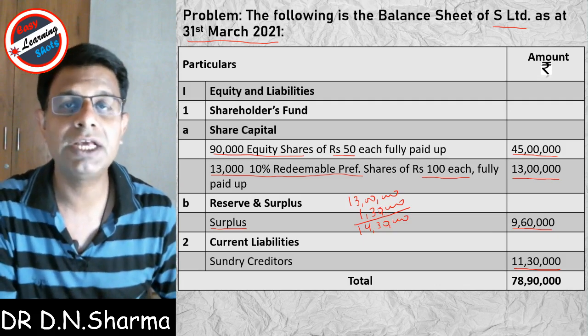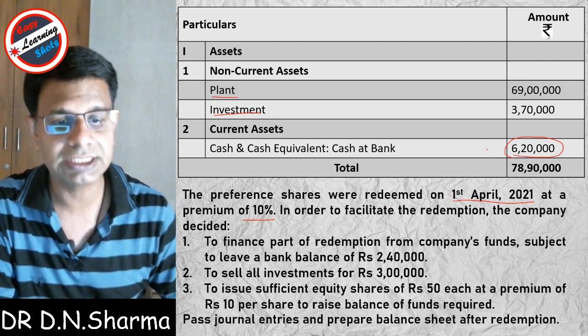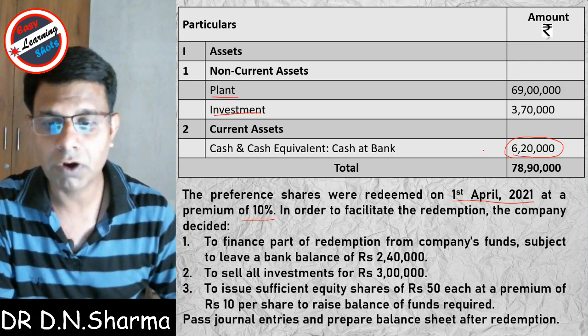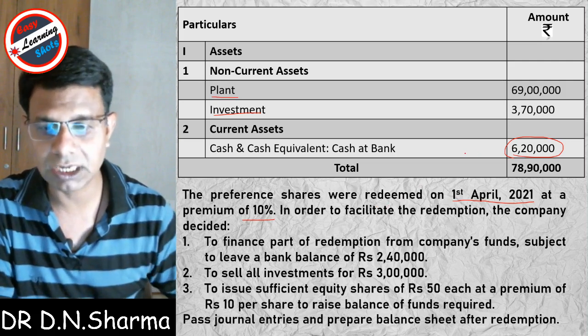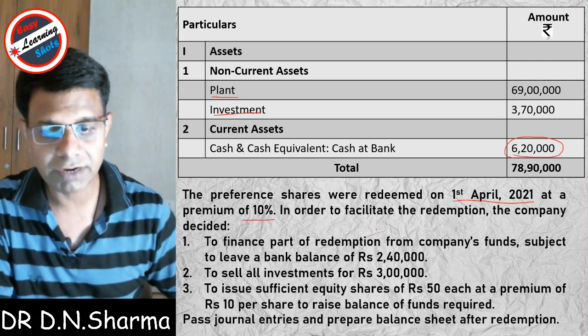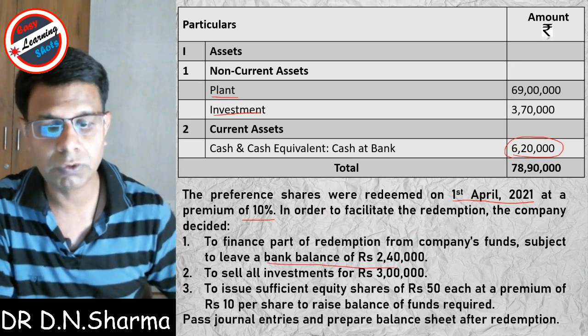Now how does the company arrange these funds, because the company's bank balance is very low, that is 6,20,000. To finance part of the redemption from the company's funds, subject to leaving a bank balance of 2,40,000.